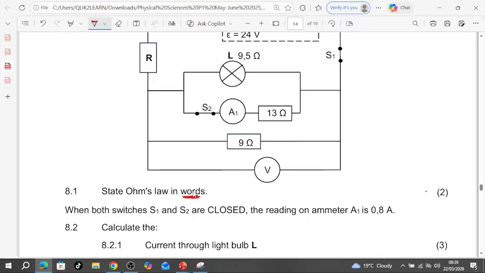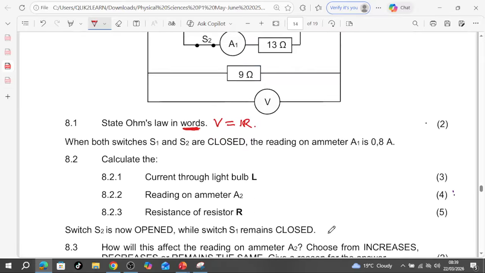Let's just say that Ohm's law says V equals IR. Remember, the potential difference across a conductor is directly proportional to what? To the current in the conductor at a constant temperature. Just give them that and you'll get your 2 marks.